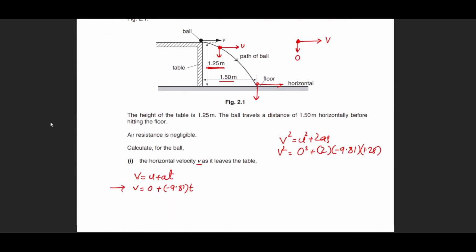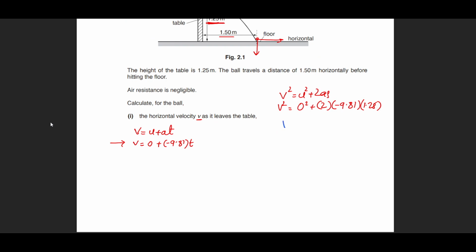Because now we encounter the next problem: we have an equation that has a square, and on the other hand, we have a negative value. You can't take the square root of a negative value. So since both of them are actually moving in the same direction, I'm going to assume this to be positive because both of them are downwards. So this is going to become 2 into 9.81 into 1.25.